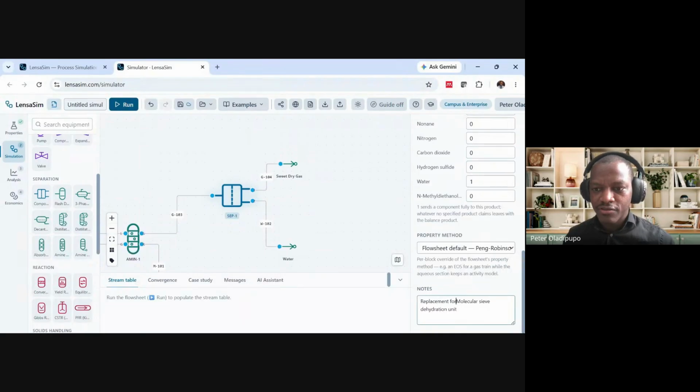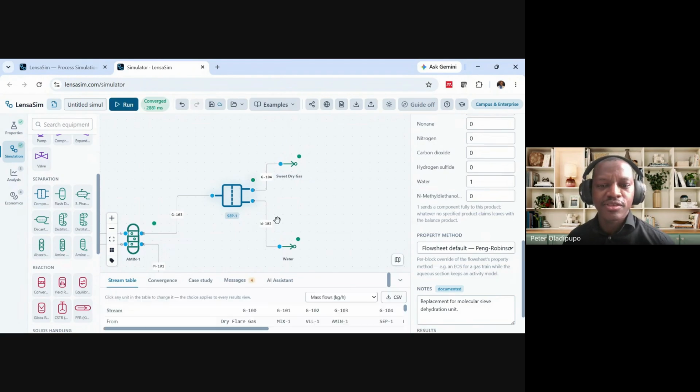You can just make a note there so that either you or someone else looking at your flow sheet can see what has been done and the rationale for making that choice. So it helps in documentation. Okay, so we specify that and let's just run it and see what we have.